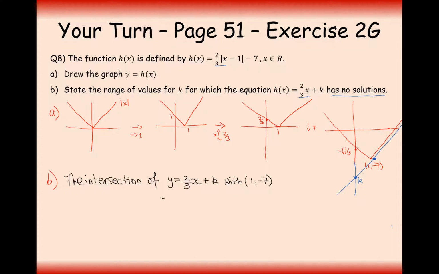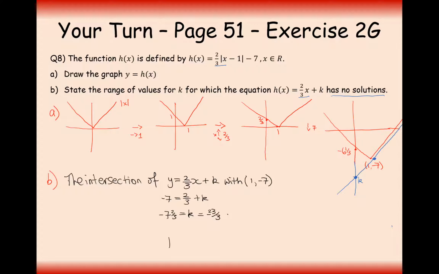So substituting these values in, we get -7 equals 2/3 times 1 plus k. So in this case it's going to be -7 - 2/3, which is equal to k. Let's turn this into a top-heavy fraction, so that would be -21 minus 2 over 3, which is -23 over 3. Okay, now -23 over 3 will give us an exact coordinate that will intersect the 1, -7 coordinate.